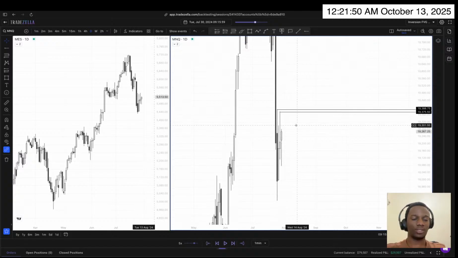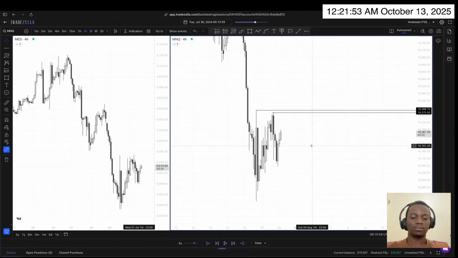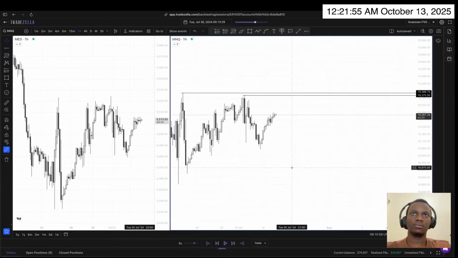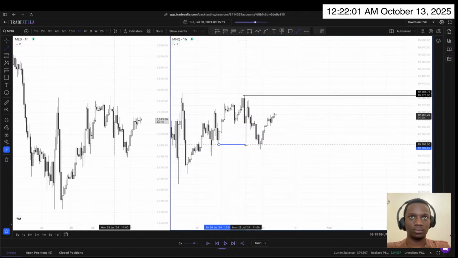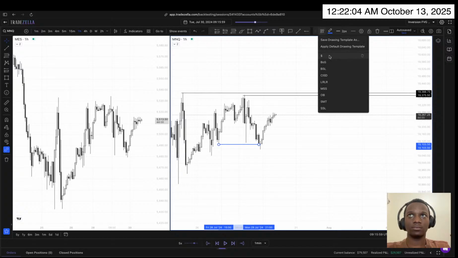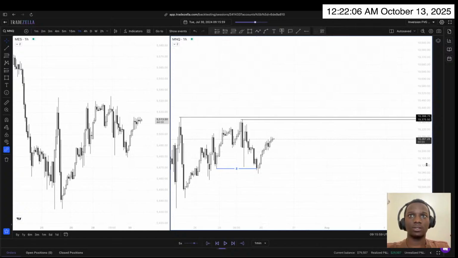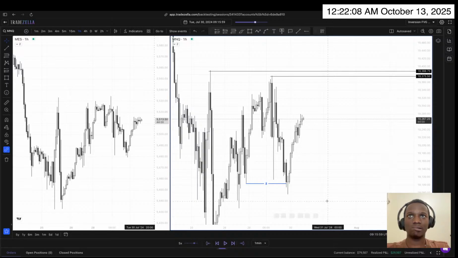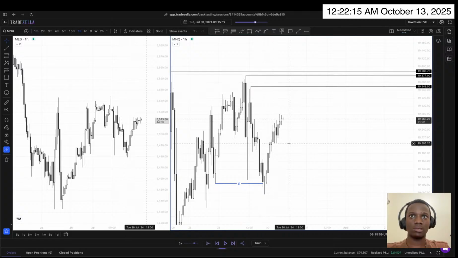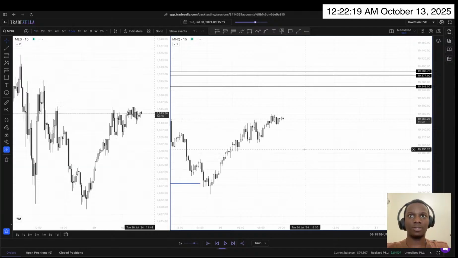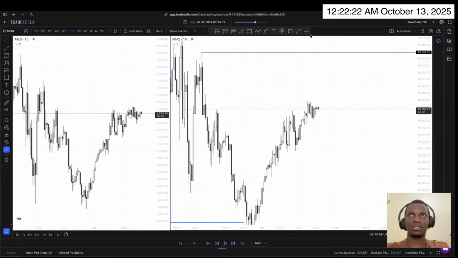Still, that perfectly becomes a good candidate. Run on liquidity here. Good inversion there. So now the 15 minute is not really that clear.